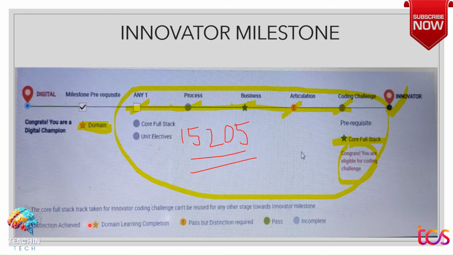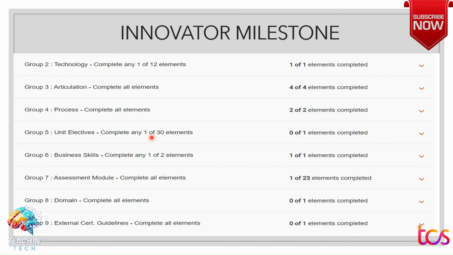As I said, either you can finish core full stack or else unit elective. Either one of the tracks you can finish here. If you go into the technology group too, you can find different tracks there. Based on your interest, you can finish either one of these prerequisites and opt for it in the registration form which you get from the team.